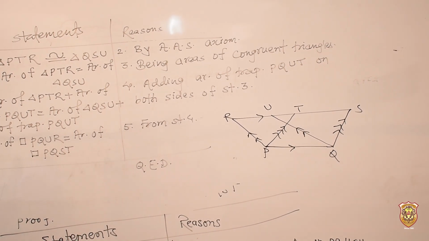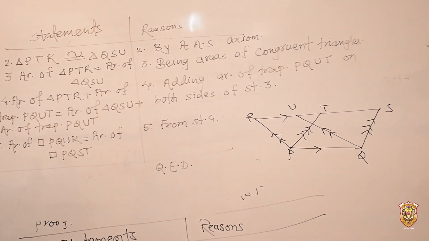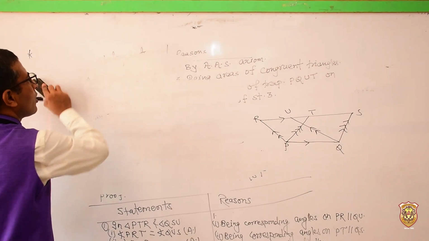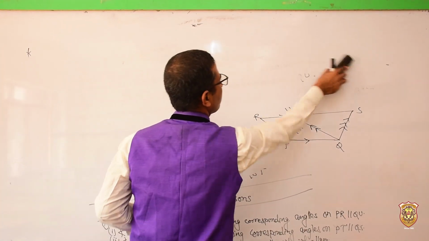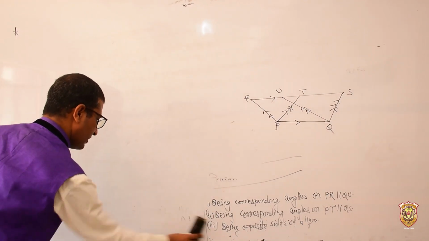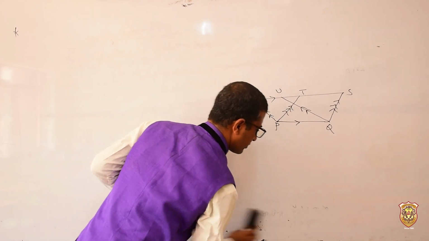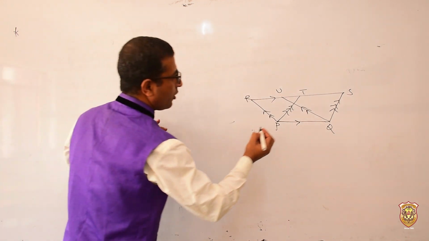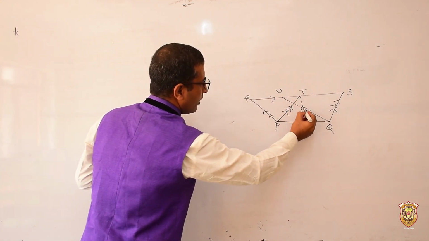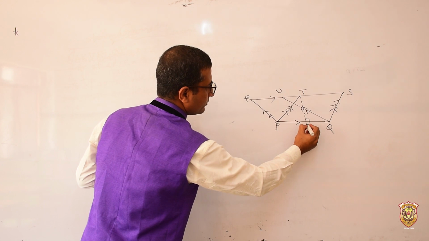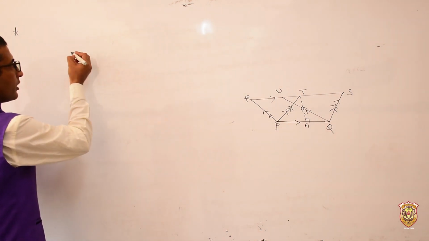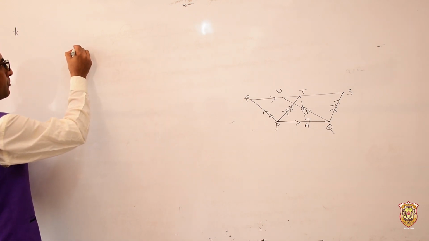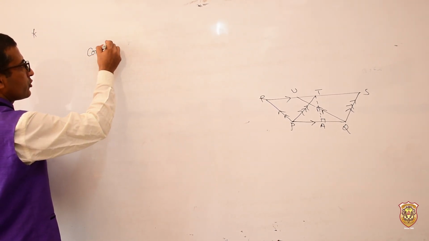In the alternative method, the easiest way to do this question is to do a construction. If we draw a perpendicular, the given and to prove are exactly the same as earlier, only the construction changes.